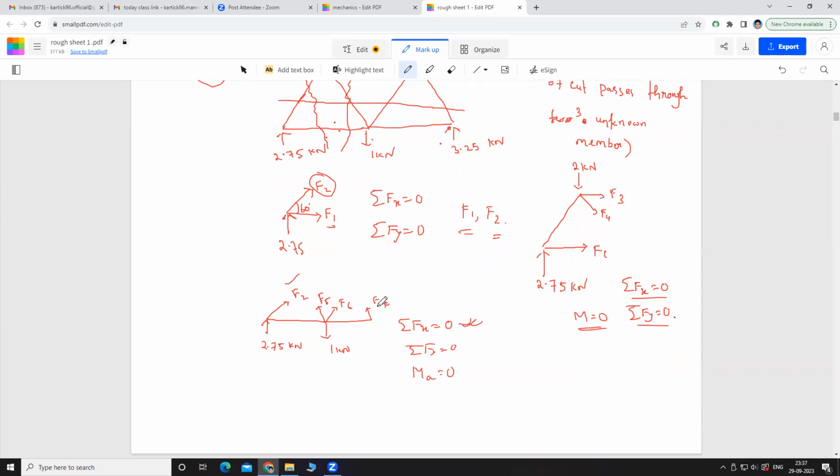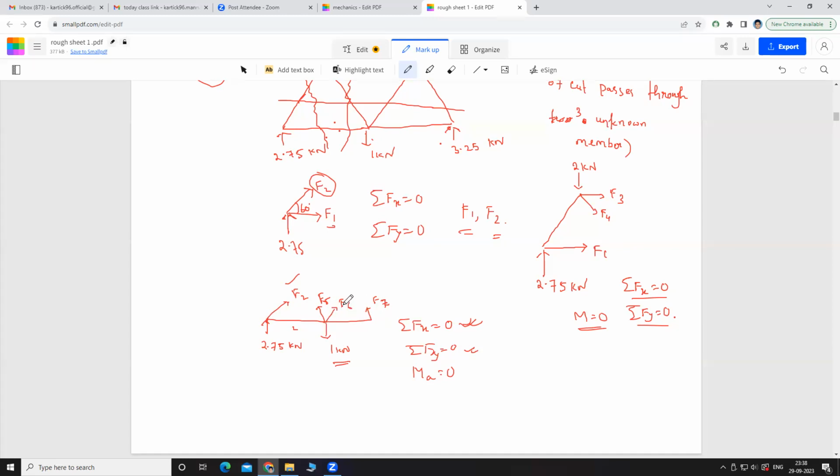That means first of all you need to write the component of these forces. Then you can do summation of Fy is equal to 0 also. Then you can find moment from this point. For that, that 1 kilonewton into this length, then the vertical component of these forces, because horizontals are passing through this point.